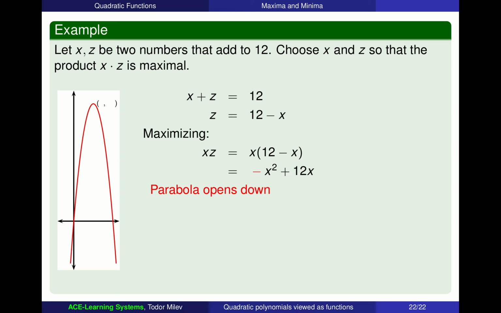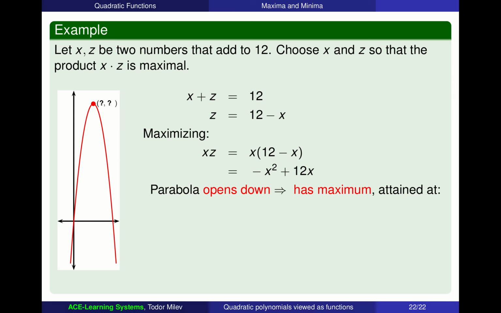I want to just point out that when we uncovered all the parentheses, if the parabola was opening upwards, then our parabola wouldn't be having a maximal point, in which case the problem would be incorrectly posed, because we wouldn't be able to choose x and z so that we get a maximal value for x times z. But because the problem was formulated the way it is, we got a parabola with a negative leading coefficient, hence we know that it has a highest point.